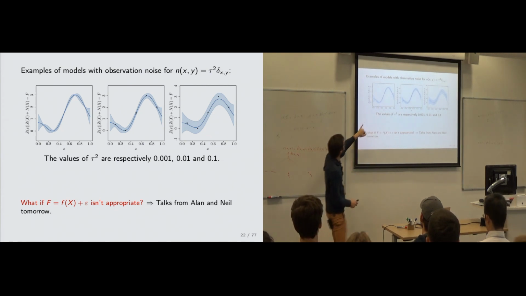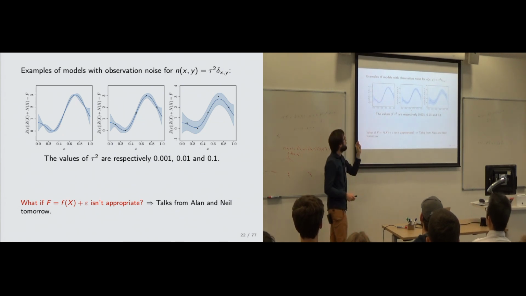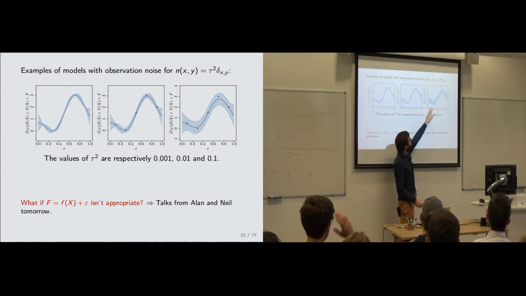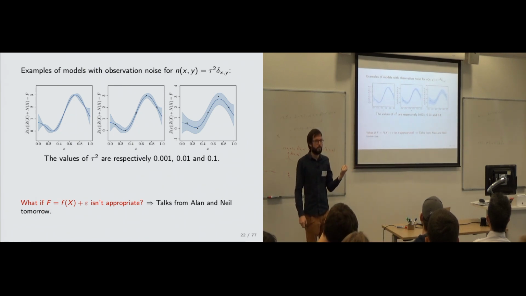But you have to imagine there are the same observation points in here. So the model is quite certain about what's happening, but not completely sure. And the more observation noise you have, the more uncertainty you have in your predictions, because you give less and less information to the model, right?